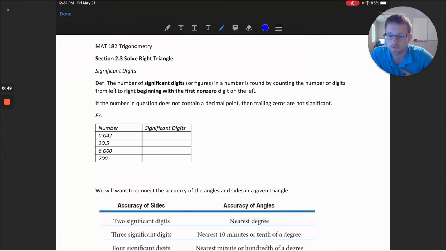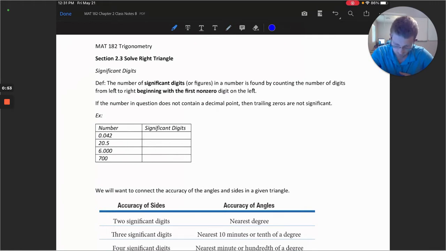So we'll take a look at the first number, which is going to be 0.042. If I wanted to find the number of significant figures or digits for this number, I want to consider, again, counting the number of digits from left to right, beginning with the first non-zero digit.